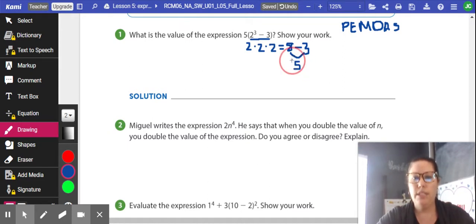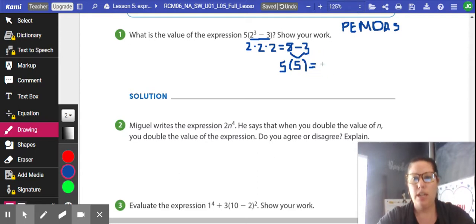Okay, well, 5 is technically still in parentheses because now I can do what's outside the parentheses, which is 5. And remember in algebra, anything outside of a parentheses, if it doesn't have a plus or a minus sign, it means to multiply.